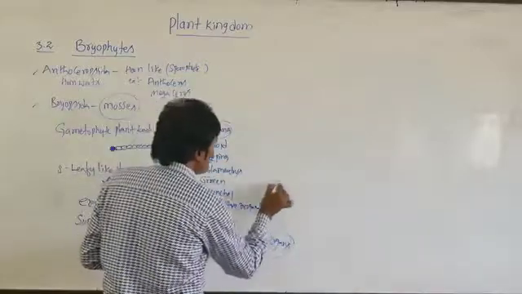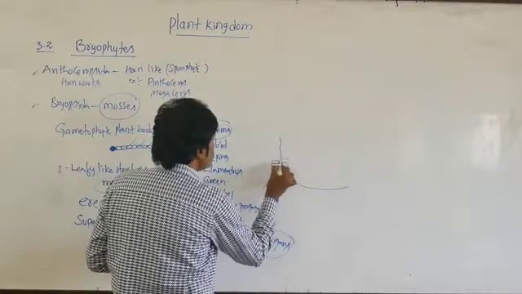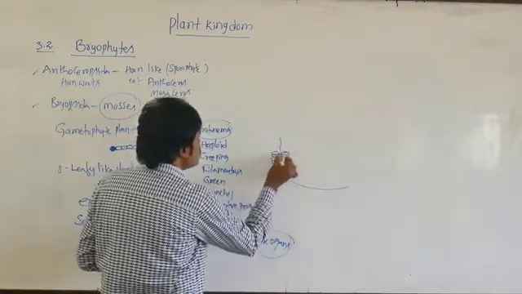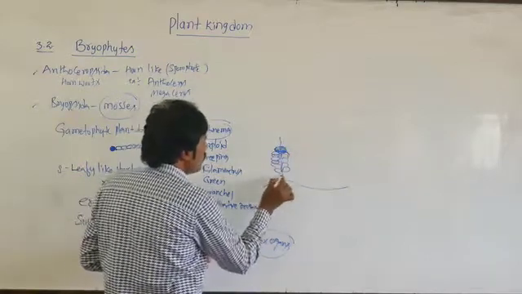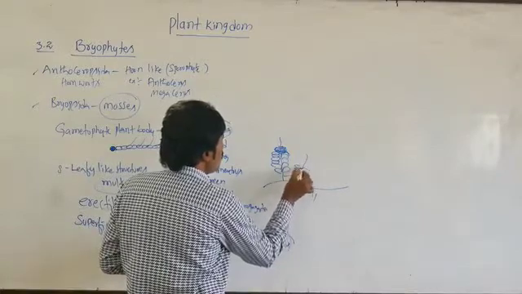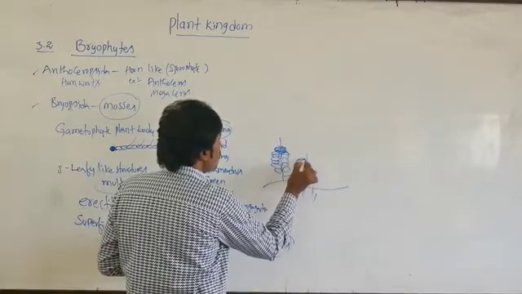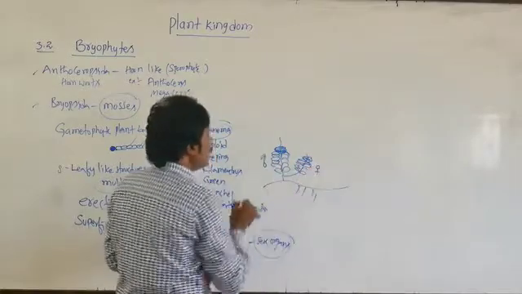For example, if you observe here, leaf-like structures will be formed. At the terminal part, there is another type, the rhizoid cell. Suppose this is the female, this is the male.